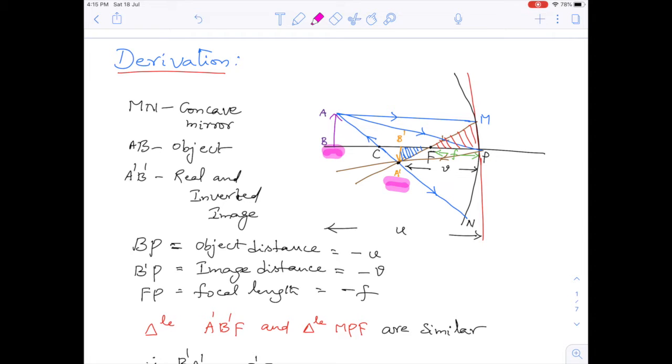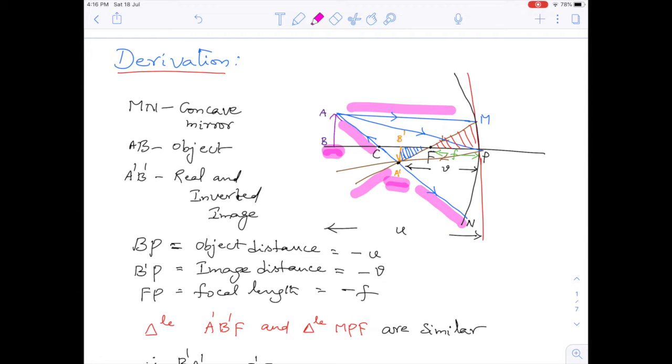Now, this is the incident light falling on the mirror, which gets reflected and passes through the focus. If you consider another light ray coming from the object A, passing through C and falling normally onto the mirror at N, because it is passing through C, it retraces its path. So it is the reflected ray. What are the two reflected rays?